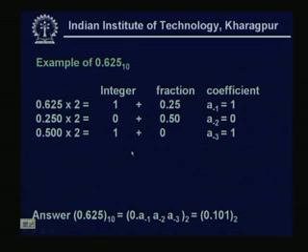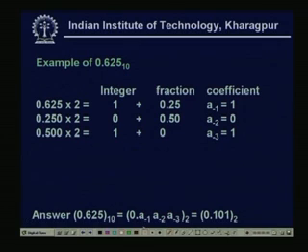So, now I am taking 0.625. This is in our decimal number system. So, what was the rule? The rule is that it should be multiplied by the base. Here we are converting to binary, which means 2. So, 0.625 into 2, what will we get?